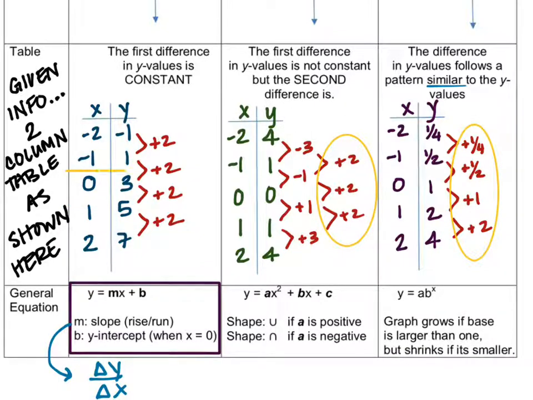And I'm hungry, so my stomach is growling, if you can hear it. And when x is 0, y is 3. So when I write this equation, I'm going to write y is equal to 2x plus 3. We'll talk a little more about that later, but we can really identify that from the table really quickly.